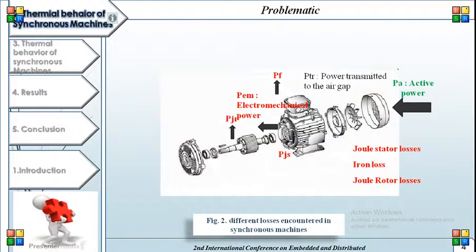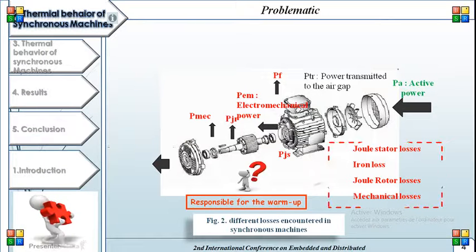And the thermal analysis is an important subject that can affect the electrical performance of the machine. In fact, an operating temperature that is too high can lead to unnecessary power losses and affect the efficiency of the machine. For example, Joule stator losses, iron losses, and Joule rotor losses, and mechanical losses. All of these losses are responsible for the warm-ups.